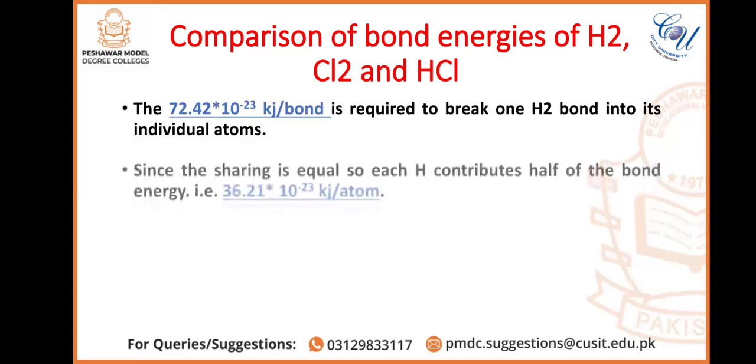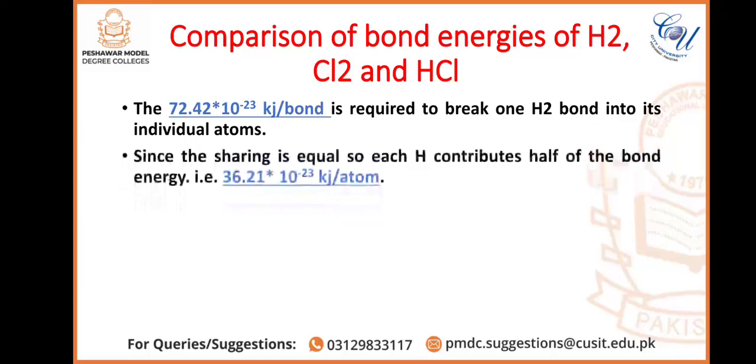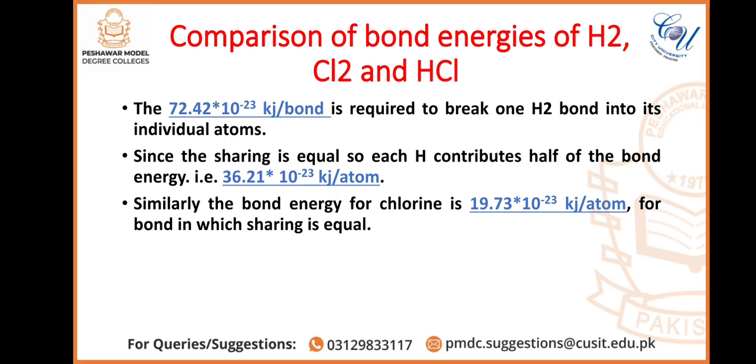It means that bond energy contributed by one hydrogen atom is 36.21 into 10 power minus 23 kilojoule. Likewise, bond energy contributed by each chlorine atom is 19.73 into 10 power minus 23 kilojoule for the chlorine molecule.